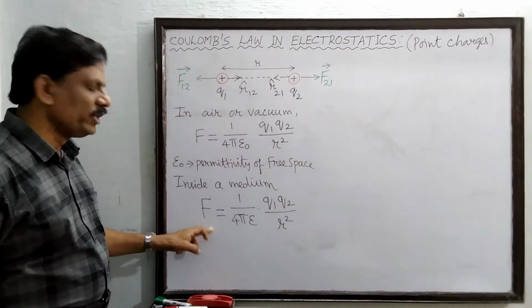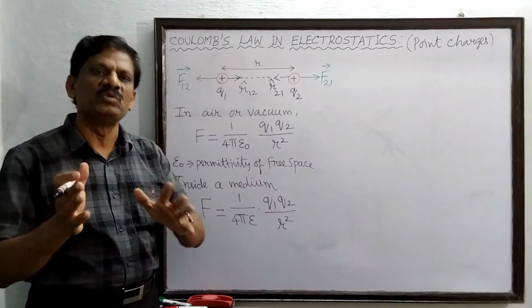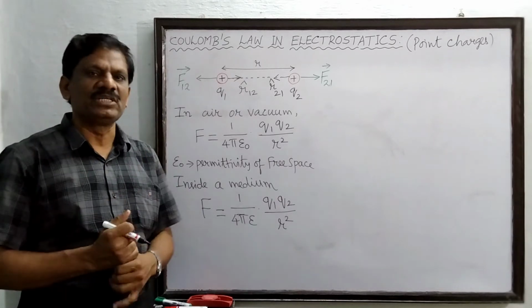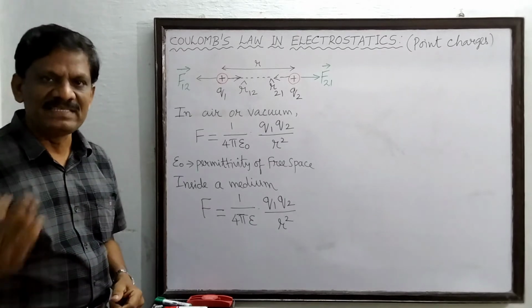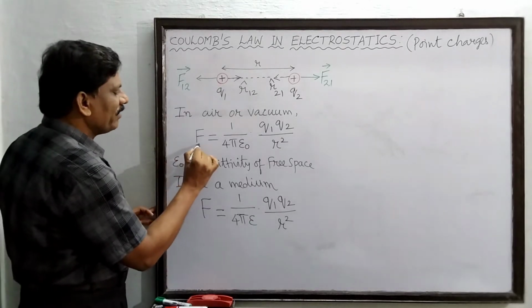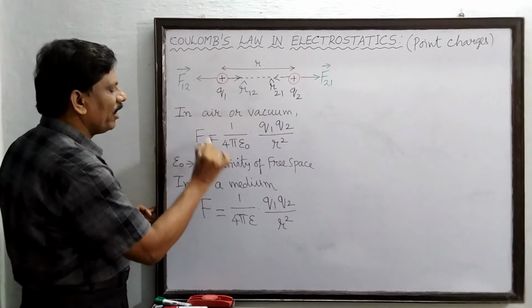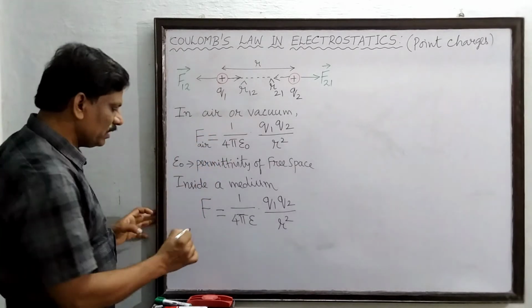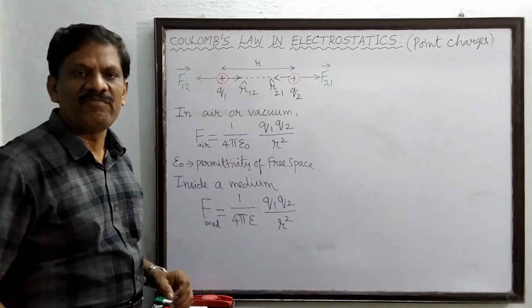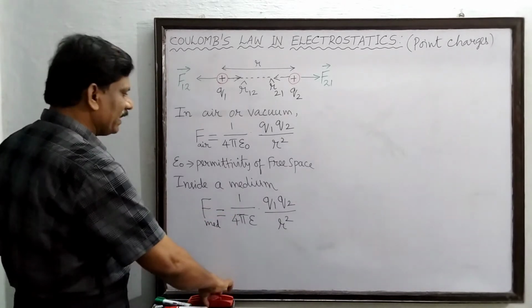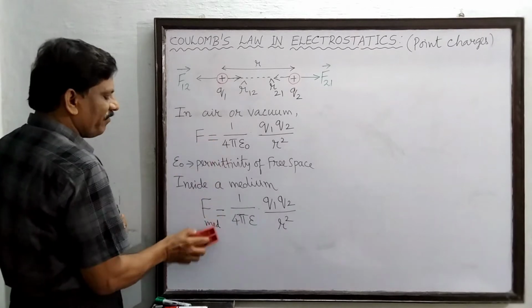So this is the magnitude of the force between the same two charges at the same separation distance, but the medium is different now. So I am going to use different symbols. I will write here F air, A-I-R, F in air or vacuum. And here F med, M-E-D, F for a medium. Or simply I can write Fa and Fm.